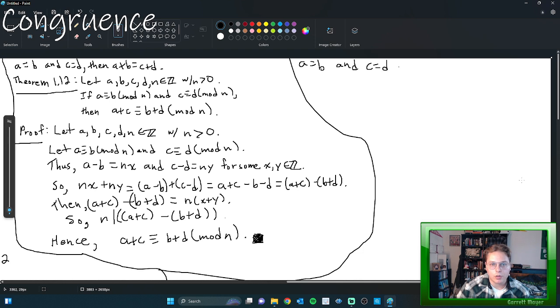And we know this is true in the case of equality because a minus b, or, oh my gosh, this is wrong. Equals b plus d.